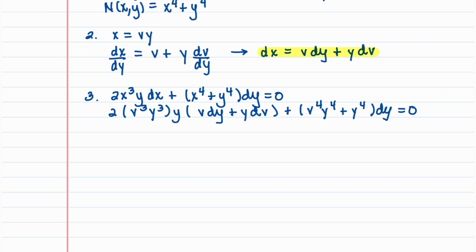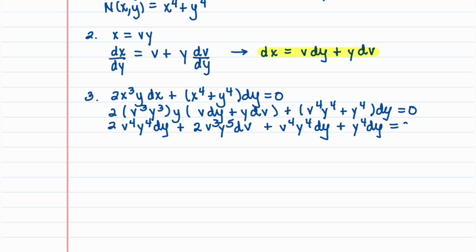Let's go ahead and multiply everything out. We get 2v to the fourth y to the fourth dy, plus 2v cubed y to the fifth dv, plus v to the fourth y to the fourth dy, and then lastly we have y to the fourth dy is equal to 0. Let's now combine our dy terms, and then we have our dv term.